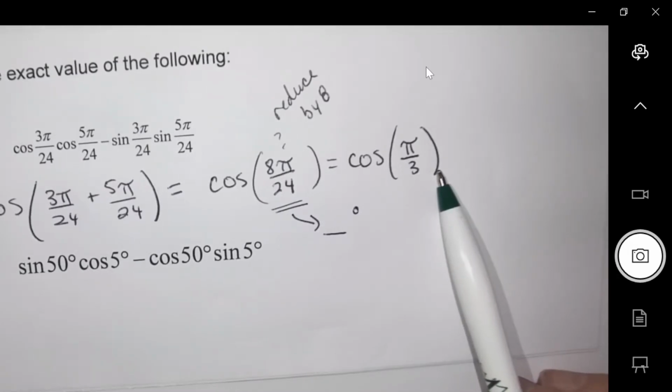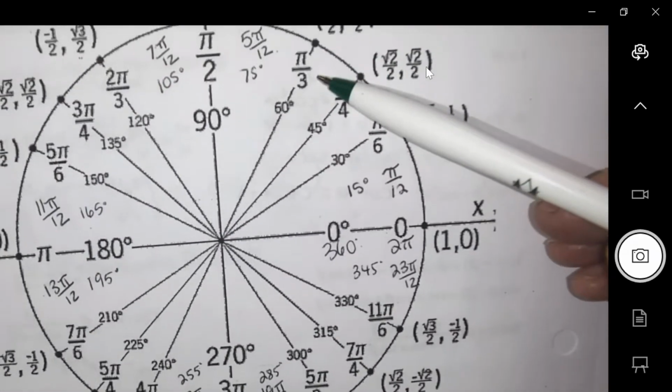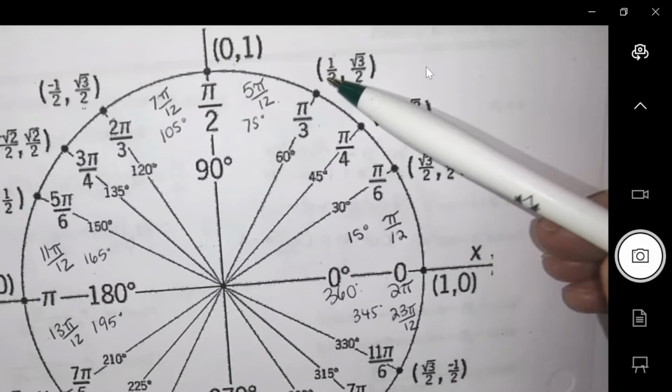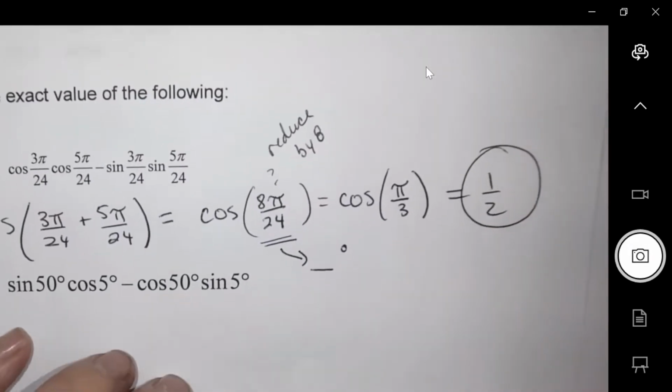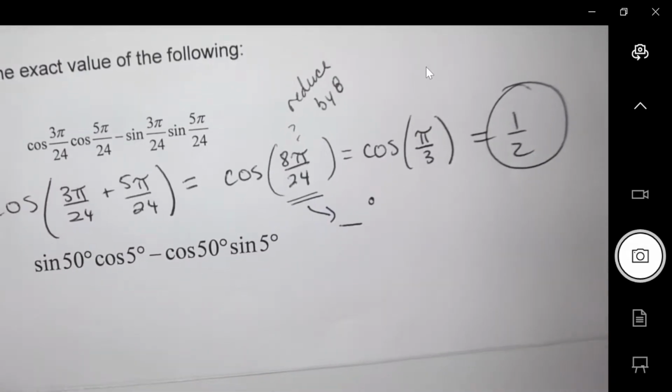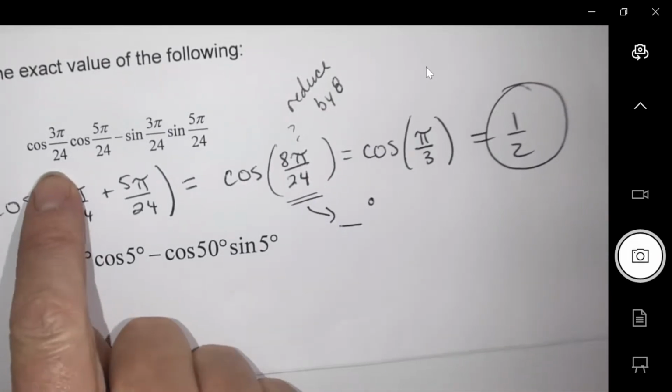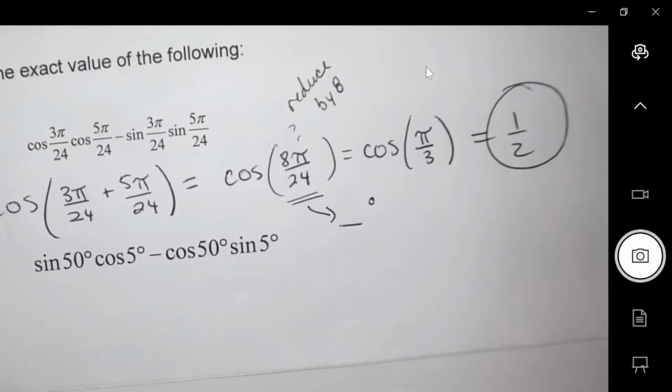So at pi over 3, what is the cos value? 1/2. If you try to literally just do calculator work and showed me nothing, you will get a 0 score. So if you tried to type that into your calculator, just typing it in, yeah, it would give you a 1/2, but I will give you 0 points.